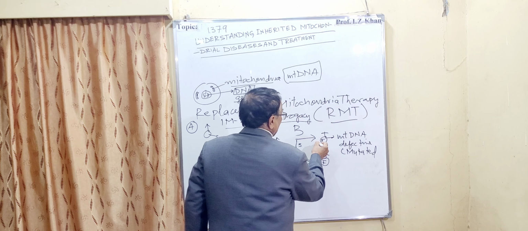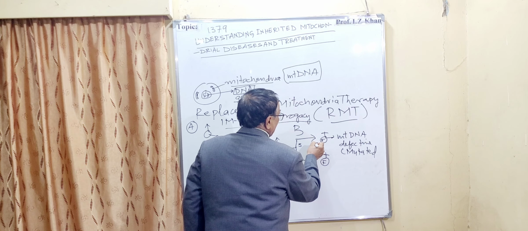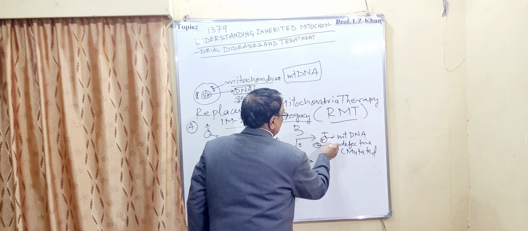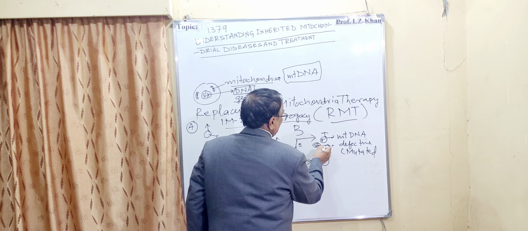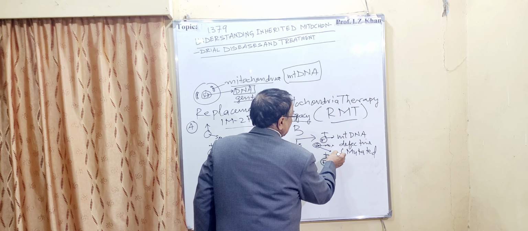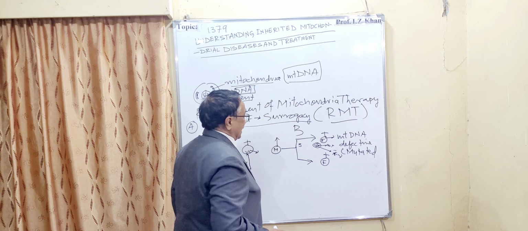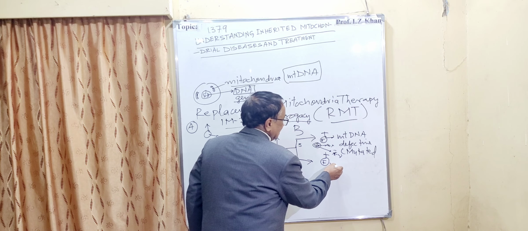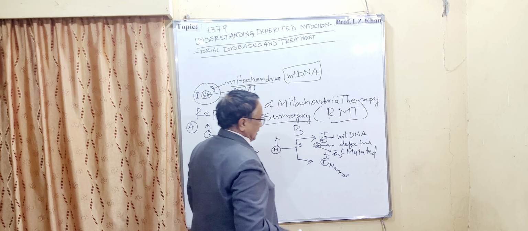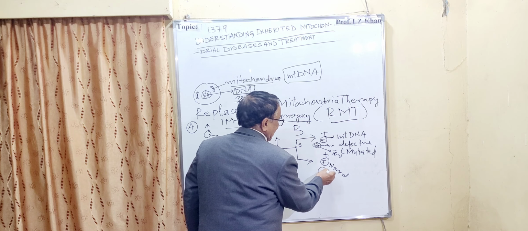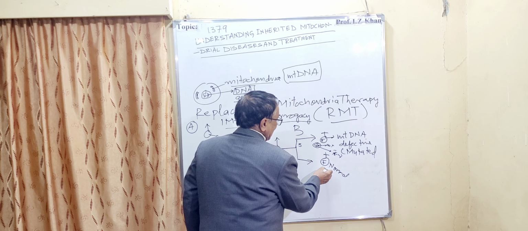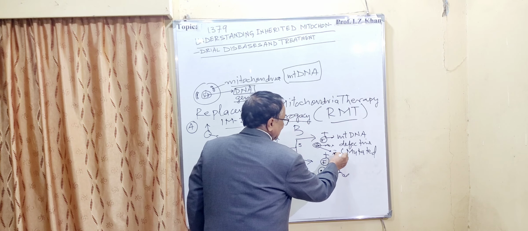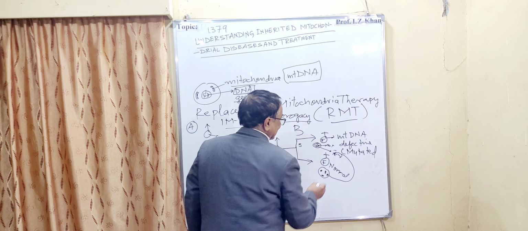So what they will do, from this cell they will remove all these defected mitochondria, and this chromosome will be separated. So they will get separate pure chromosome from here, and then they will get the normal female who is having all the mitochondria in the cell the same, and this chromosome is injected in that.